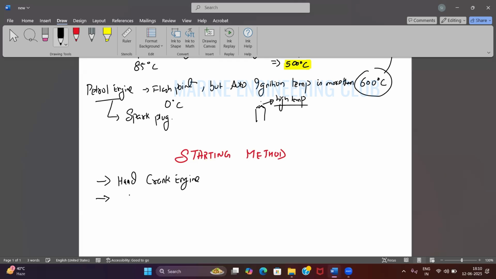Then you have electric battery start, then hydraulic start, then air motor start.